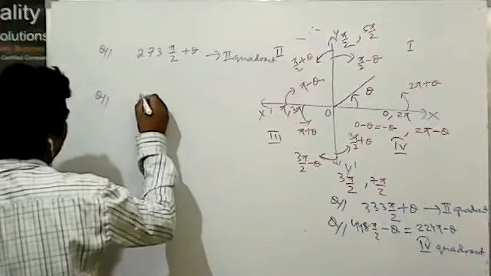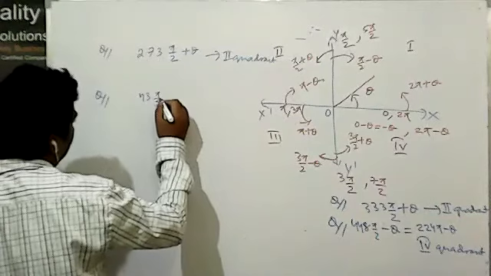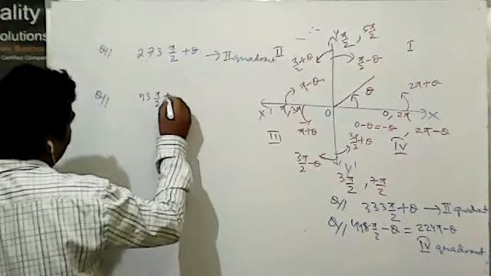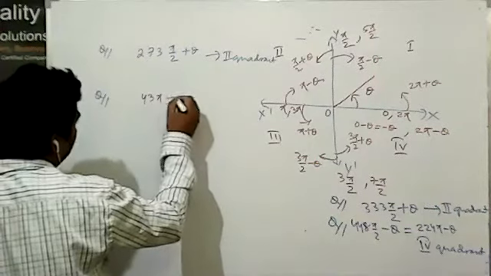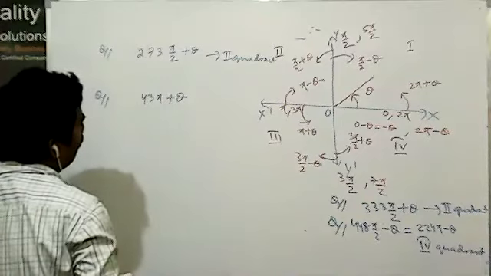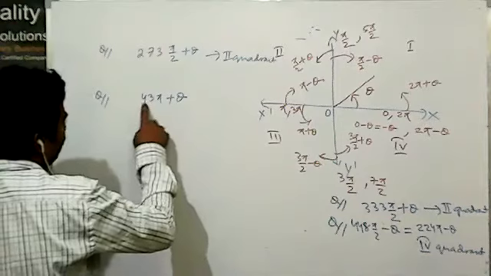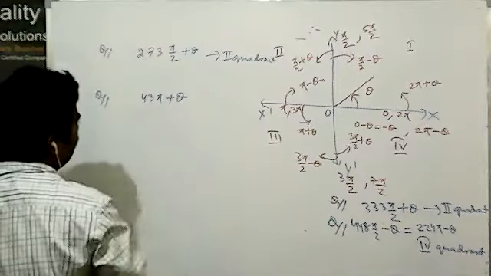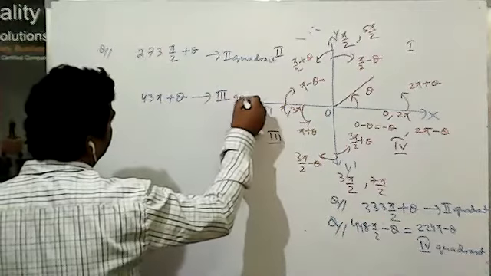Another question: 43 pi plus theta, in which quadrant? Here 43 is odd, so odd pi plus theta is the third quadrant.